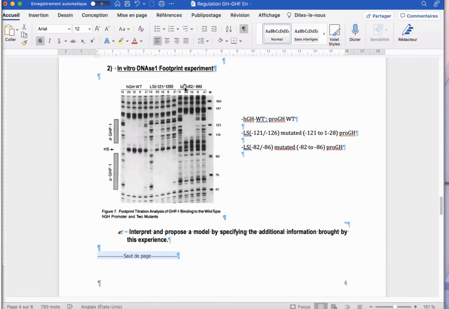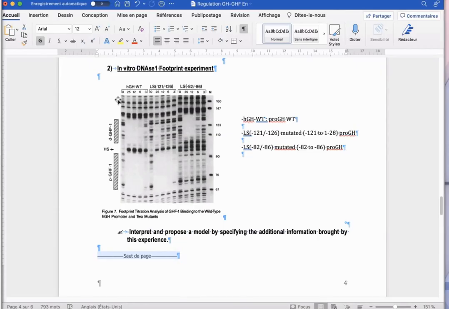What I show you are real experiments, so there are some technical considerations to understand. The numbers on the top are the quantity in micrograms of protein that have been added to each lane. Because such an experiment is complicated to set up, you use different amounts of protein to find the best one.